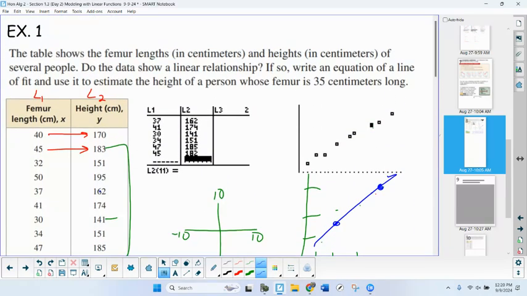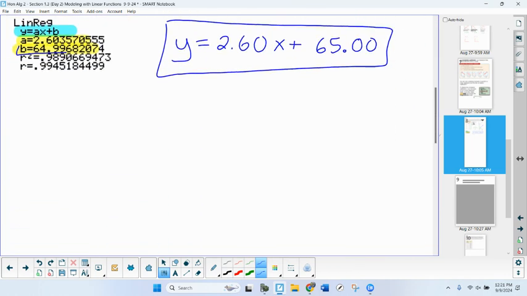Now it says use this line of fit, meaning the line of best fit, to calculate the height of a person whose femur is 35 centimeters. Is that x or y? The femur is 35.